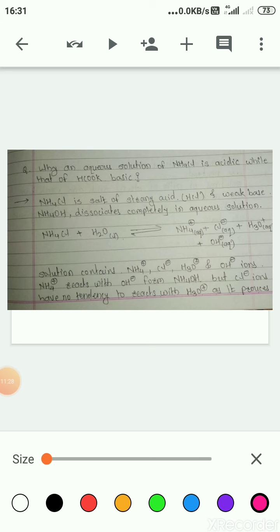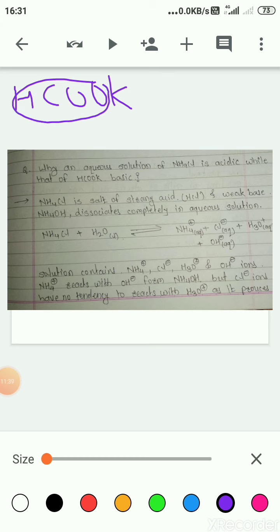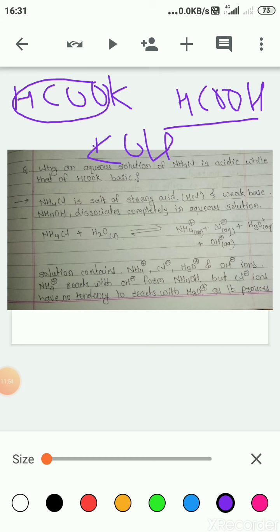potassium formate. Now write down for potassium formate, HCOOK. It is made from formic acid, HCOOH, and KOH. Now formic acid is a weak electrolyte, while KOH is a strong electrolyte. Now write down the reaction for the hydrolysis of potassium formate.